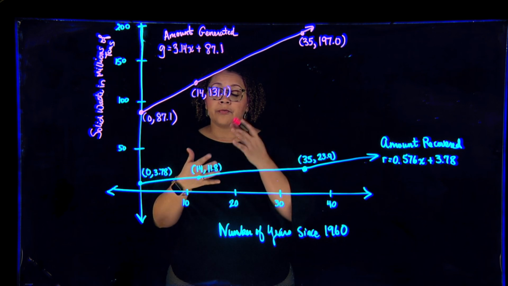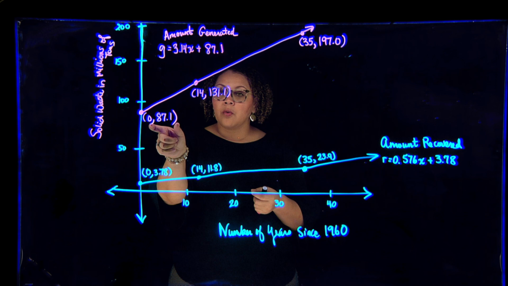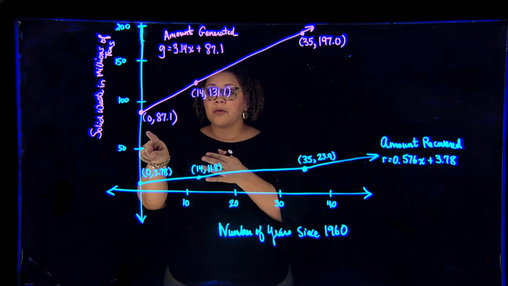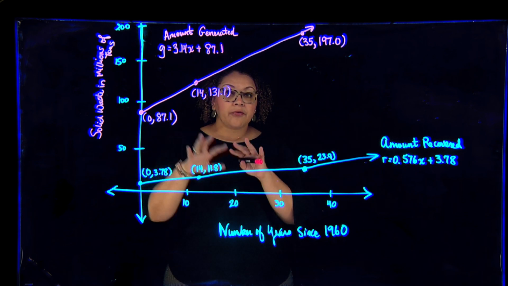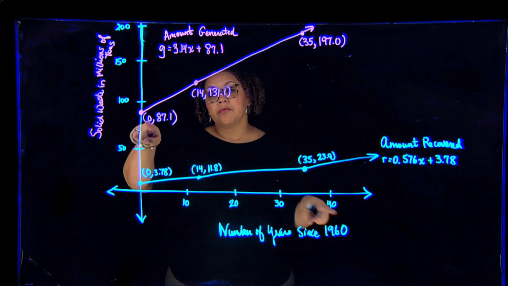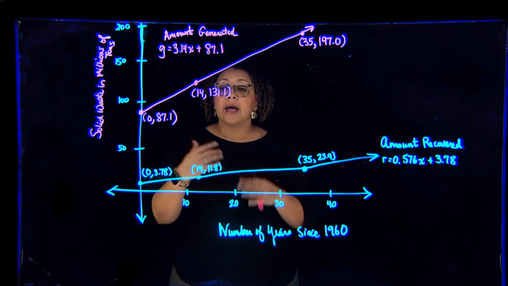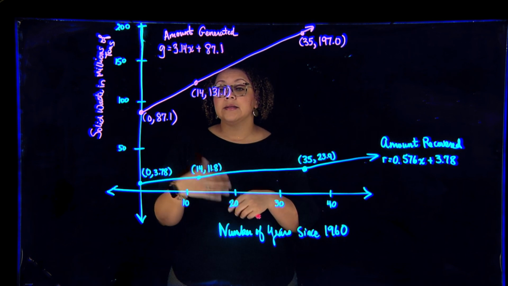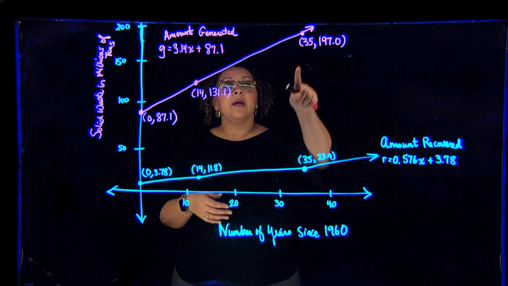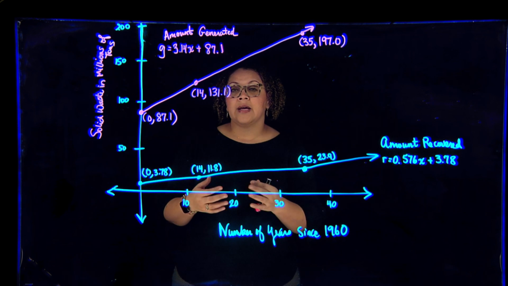And you will follow that same process of looking at the ordered pair. The first value, the x value, that's my first variable. That's telling me the number of years. So again, 0 is 1960, add 14 to 1960, so that's 1974, and then adding 35, 1995.